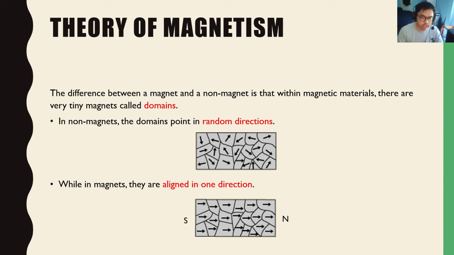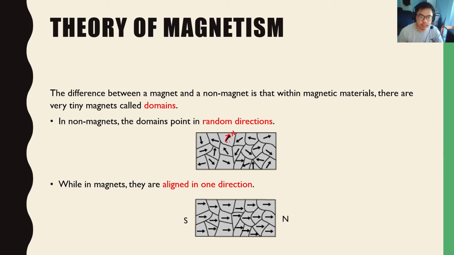So the molecular or atomic structure of the material determines the magnetism of the material. And each atom has its own magnetism, if you like to put it simply. If they're all aligned in one direction, then the whole substance will become a magnet. For example here, this arrow represents the magnetism for that part of the structure.